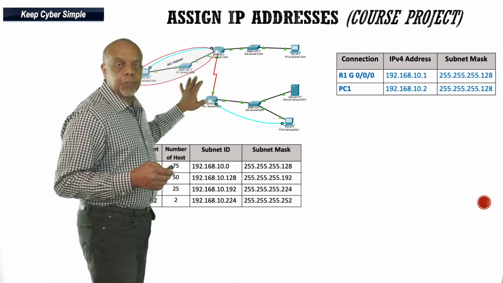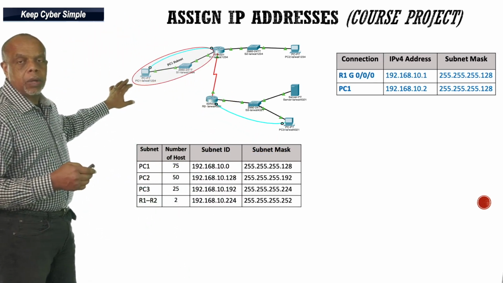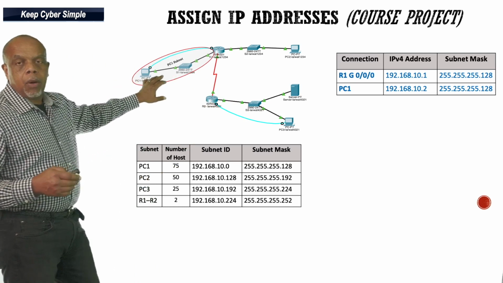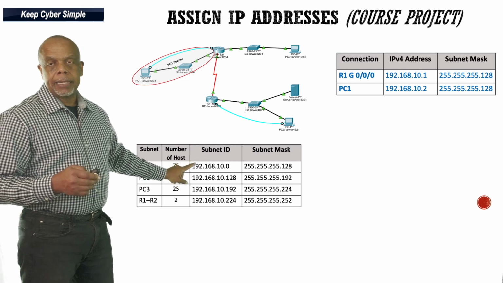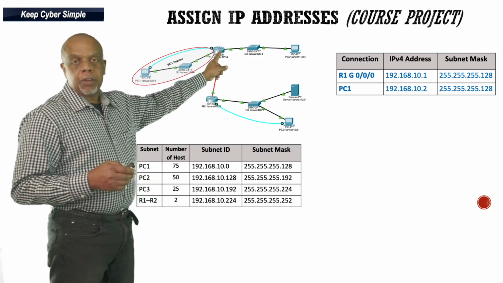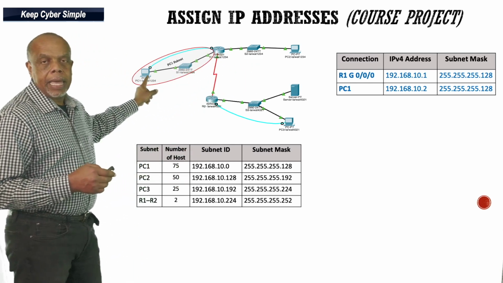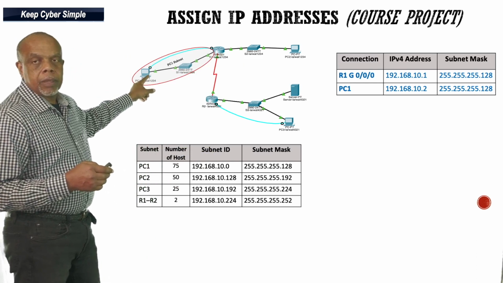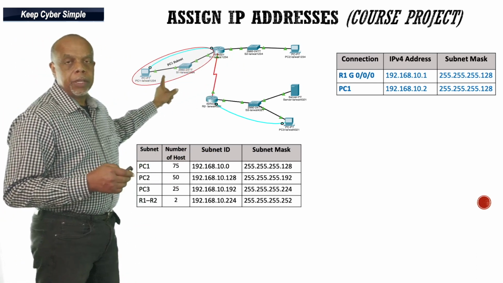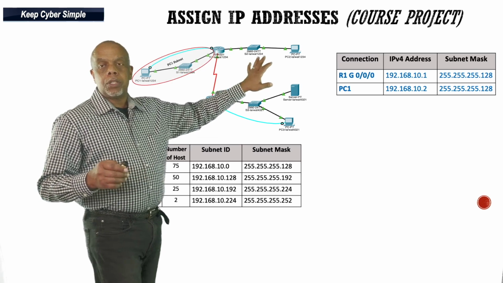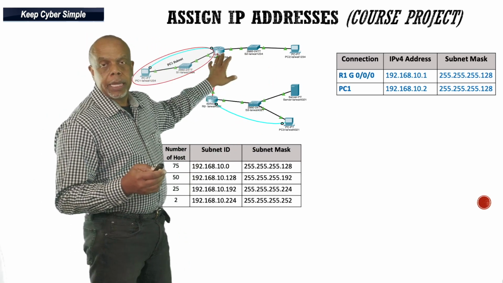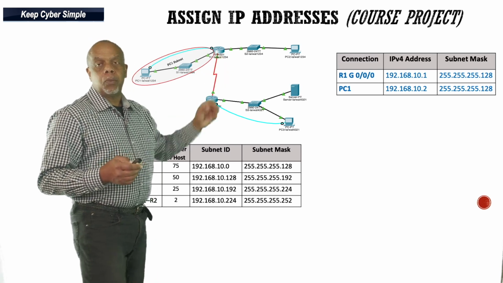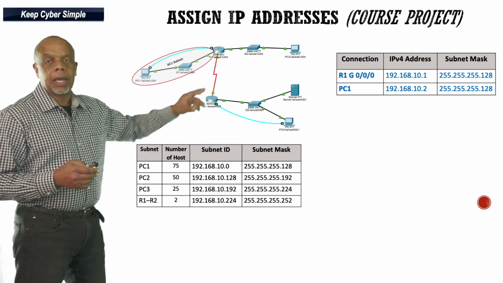So if I look at this first subnet, PC1, if you remember, I can't use the subnet ID. So I have an interface on the router and I have my PC. Those are the 2 IP addresses I need to start with. What I would do first is assign that first usable IP address to my interface on the router, which would be 192.168.10.1.